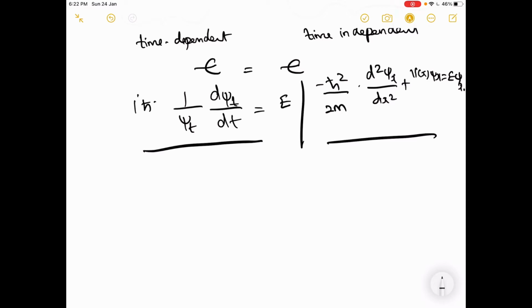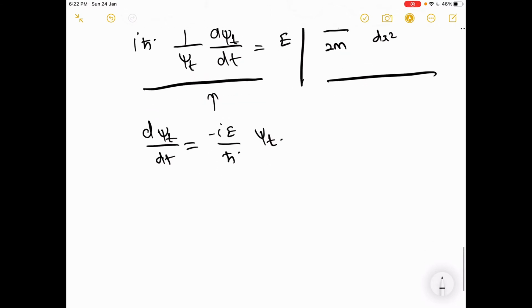Now the time component is very easy to solve. So the solution is d psi t by dt equals minus E I by h bar psi t, and you know that psi t can be of the form e power minus IE by h bar into t, right?